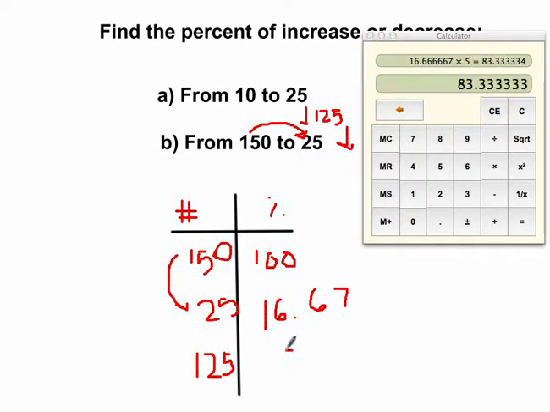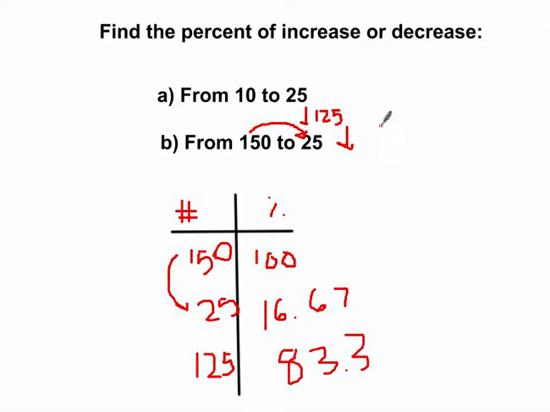And that's 83.3. So for B, we're decreasing by 83%. That's just for this type of problem, so you have an idea of how to work these.